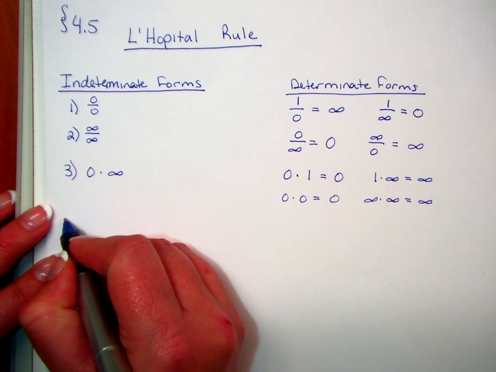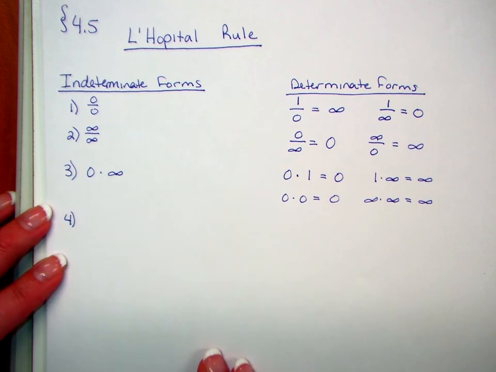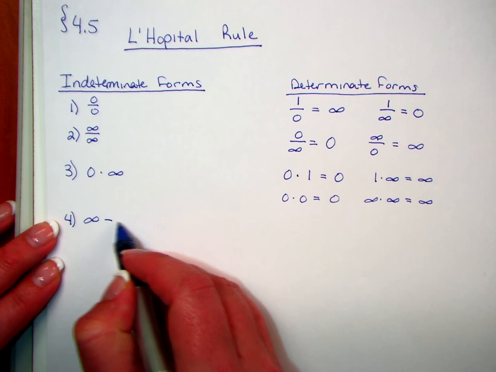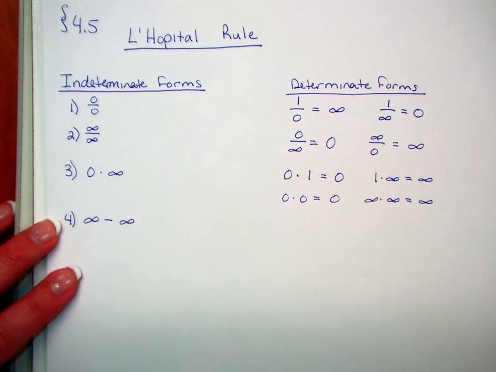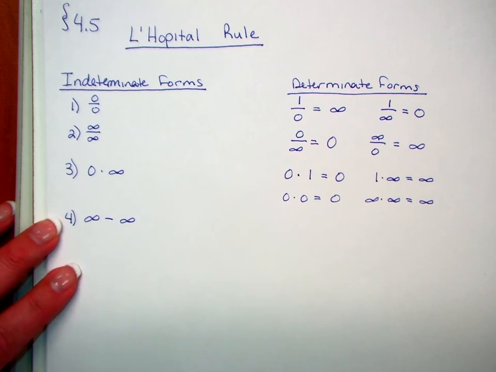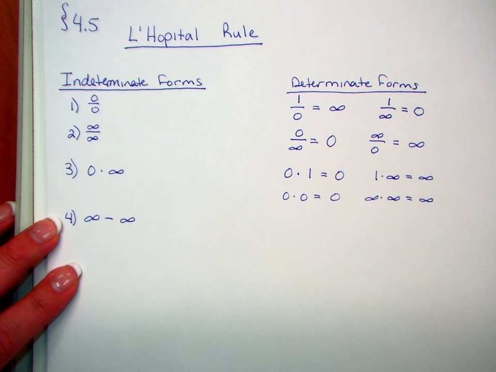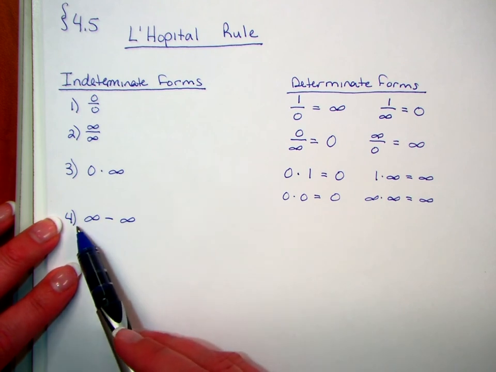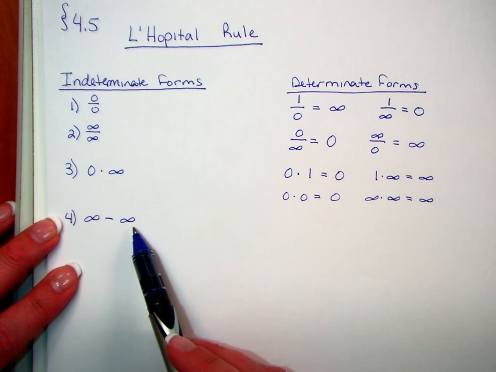All right, the fourth indeterminate form is our indeterminate difference, and that is infinity minus infinity. Infinity minus infinity is not 0, because you have to remember that this is the limit of a function heading to infinity, and this is a limit of another function heading to infinity.